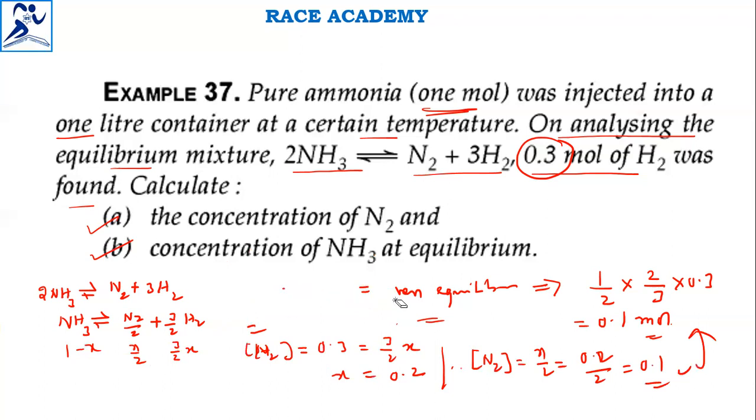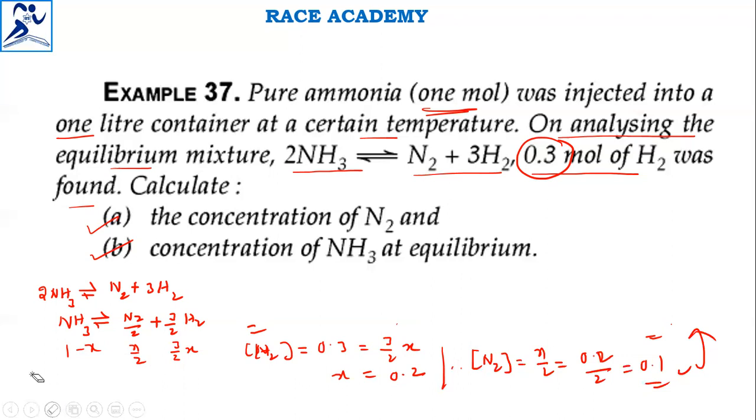What is the second question? Find the concentration of NH3 at equilibrium. Therefore, concentration of NH3 at equilibrium will be 1 minus x.